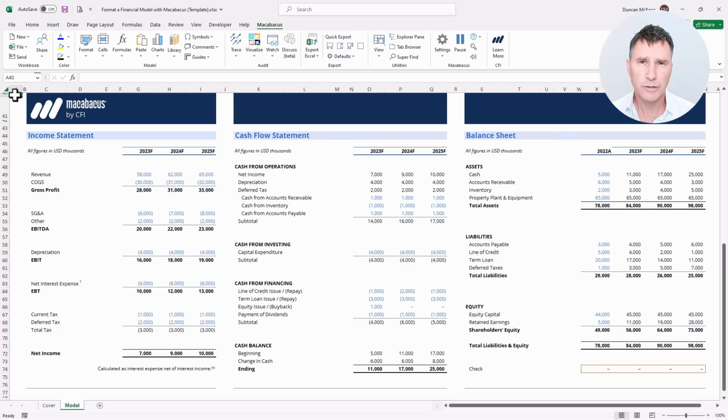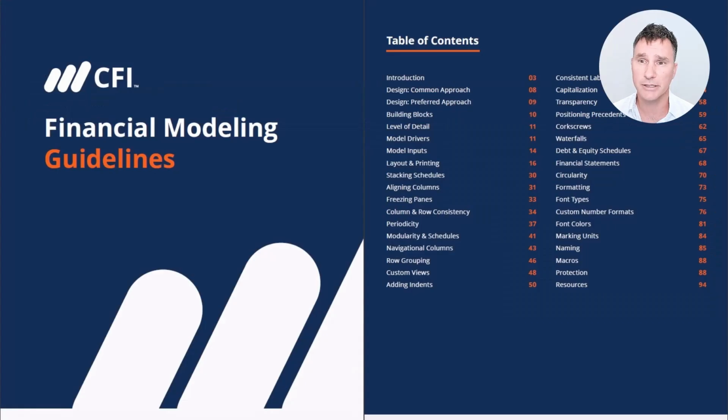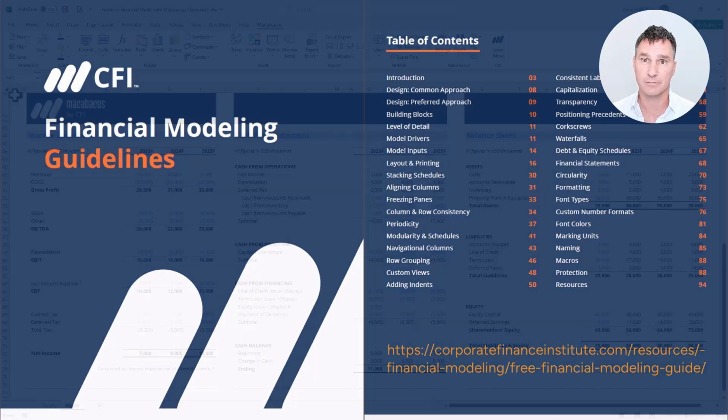In fact, one of the things to keep in mind is that we have a financial modeling guidelines document, which we're bringing up on the screen right now with a link where you can download it. A lot of that document, which is over 90 pages, focuses on formatting. And a lot of the design principles that we're going to discuss in this course are coming from that document that we've put together.